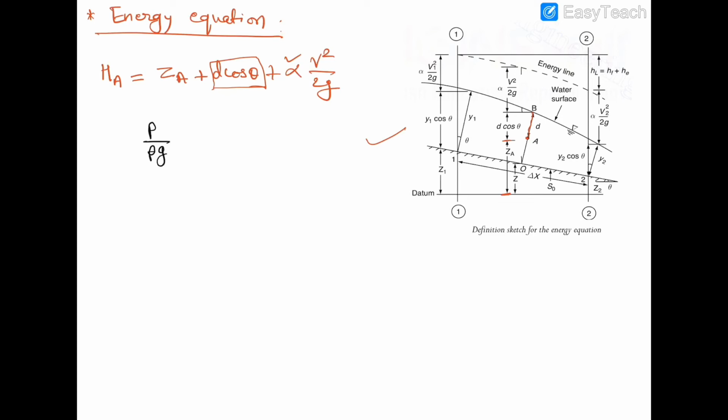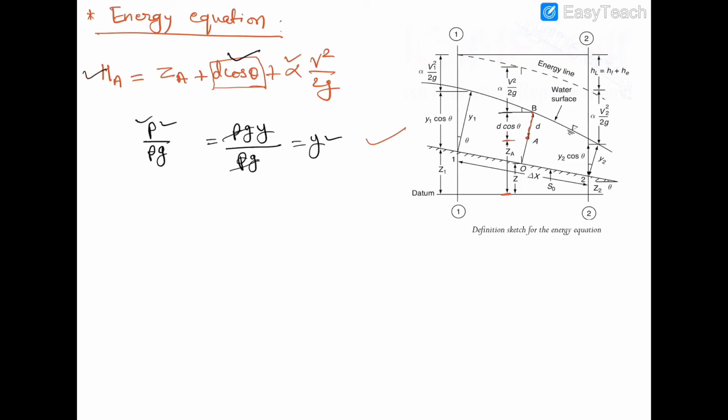Here we have already found that P is nothing but rho g y or d, and dividing by rho g cancels out, giving y. Since the pressure distribution in open channel flow is hydrostatic, we can represent the pressure head in terms of depth of flow only. Clear? So here we are using the depth of flow in the vertical direction, that is d cos theta.